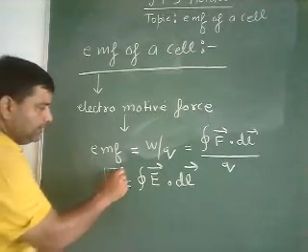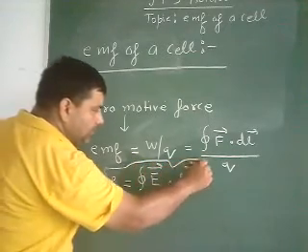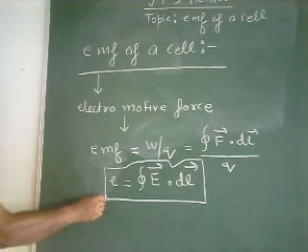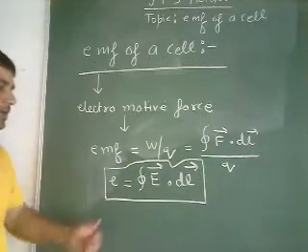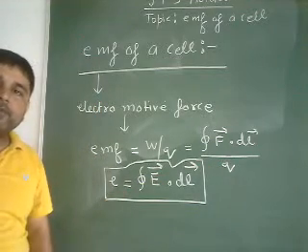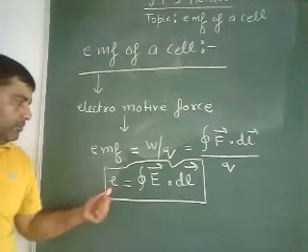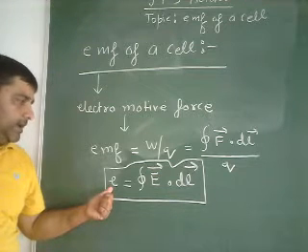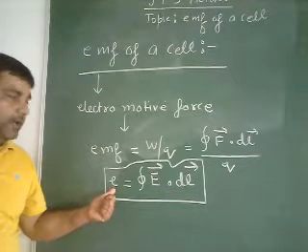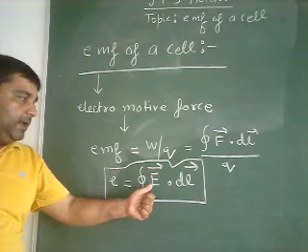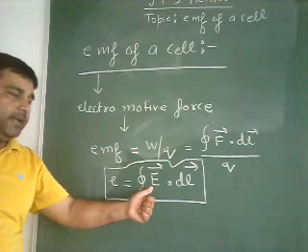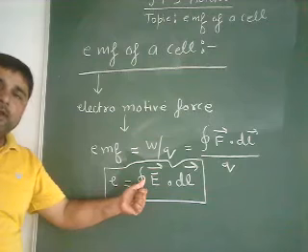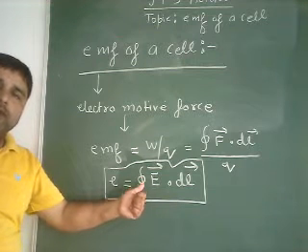This is the mathematical expression for EMF of a cell. Here F upon q gives you E. So from this you can say EMF of a cell is the line integral of electric field over the closed path of current.